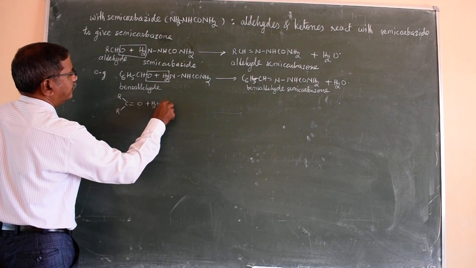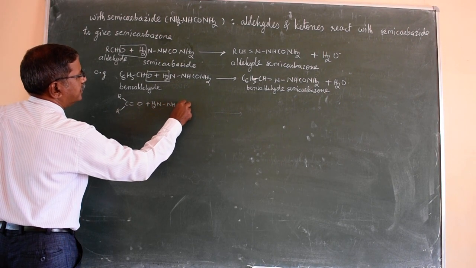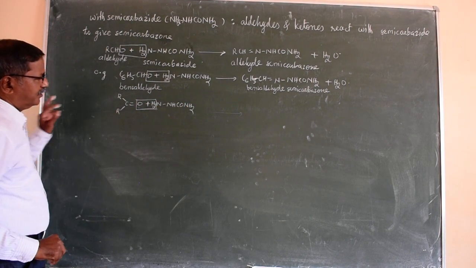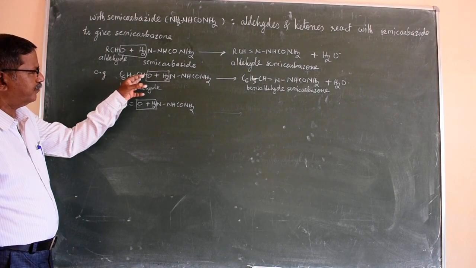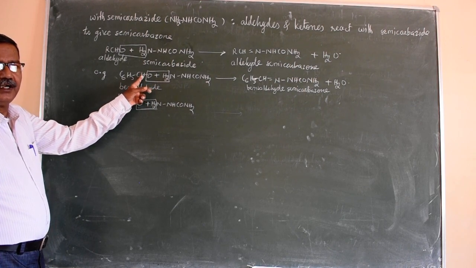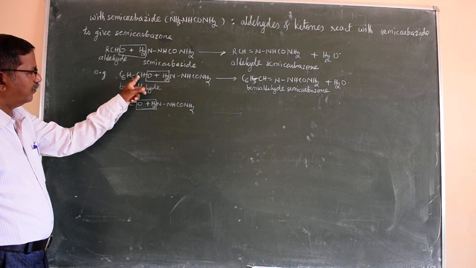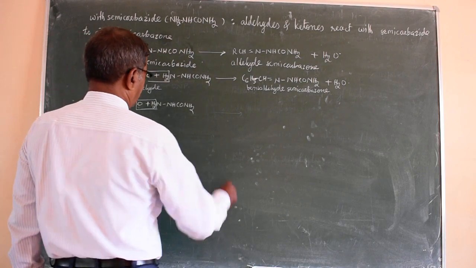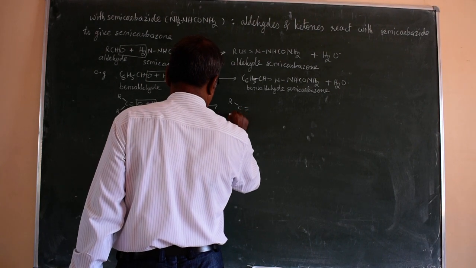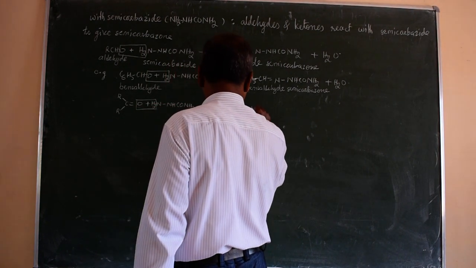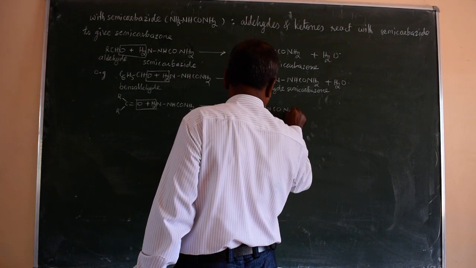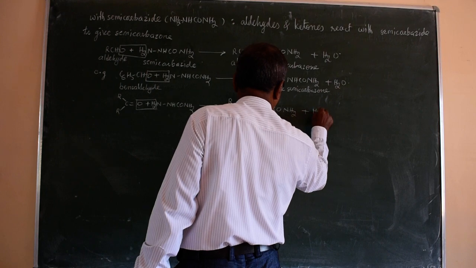Now for ketone, RC double bond O R, plus NH2NHCONH2, with the terminal NH2 attached to CO remaining. Remember, it is a carbonyl group, C double bond O. The oxygen is attached to the carbon, not linked to hydrogen. So the product is RC double bond N NH CO NH2 and H2O.